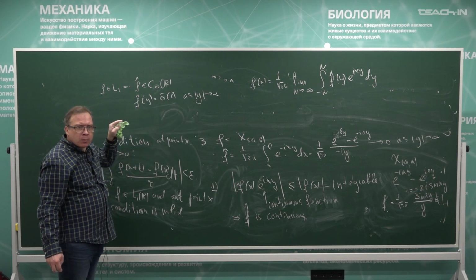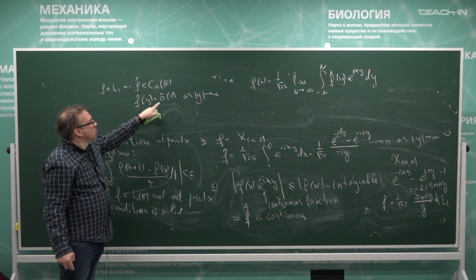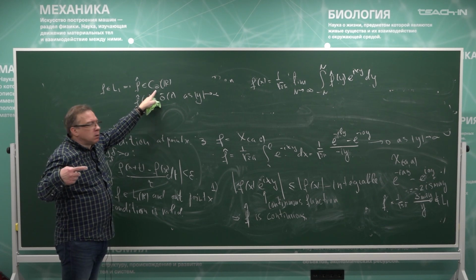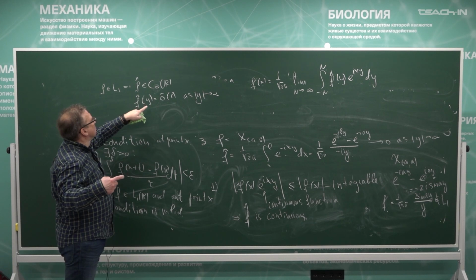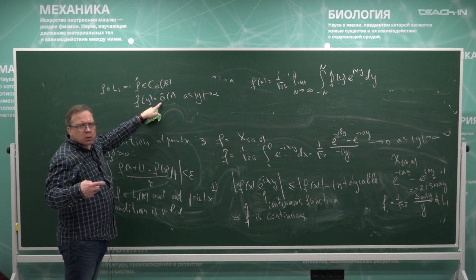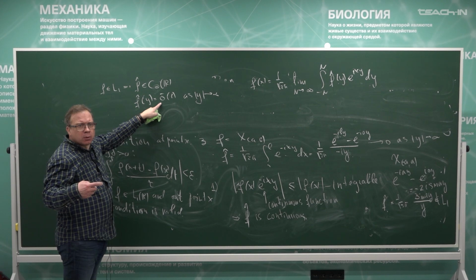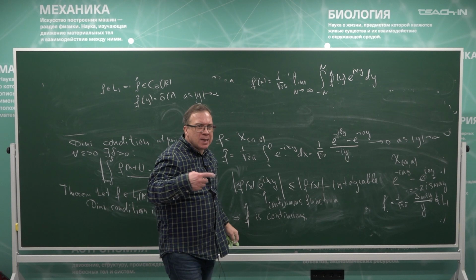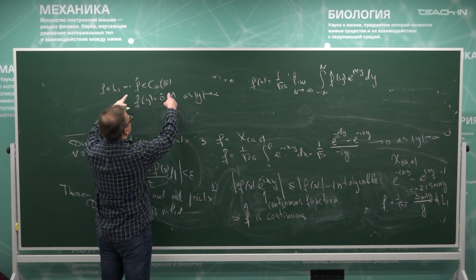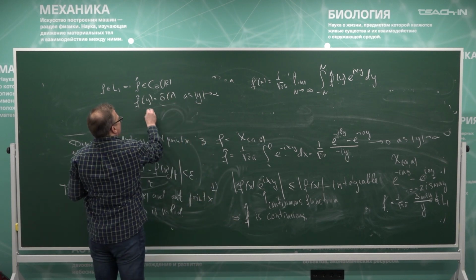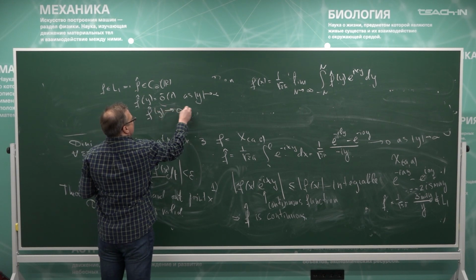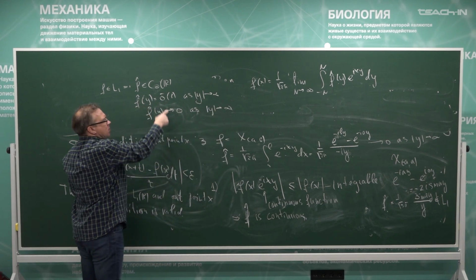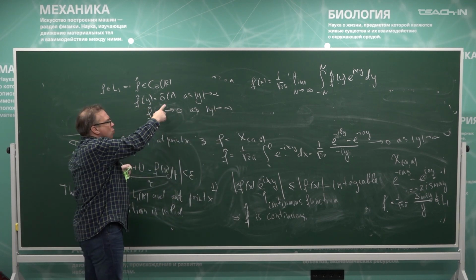The o small symbol means that f hat of y goes to 0 as y goes to infinity. It is the so-called o small.